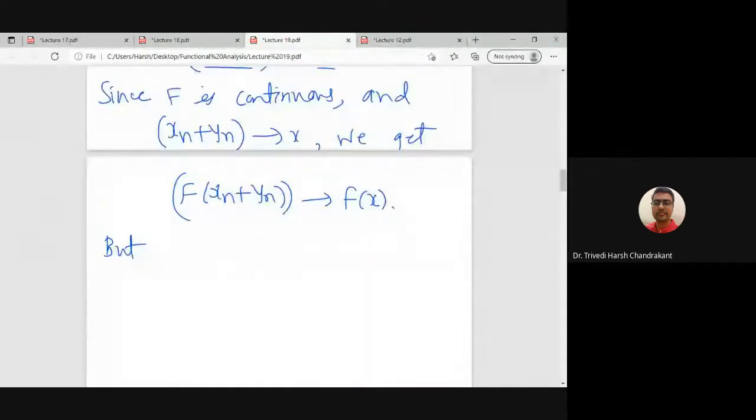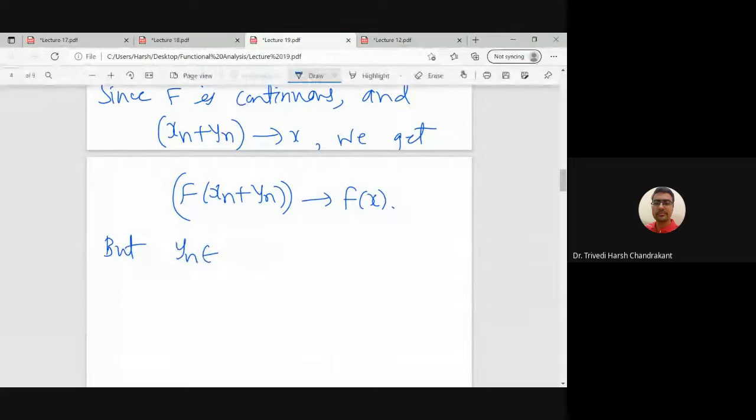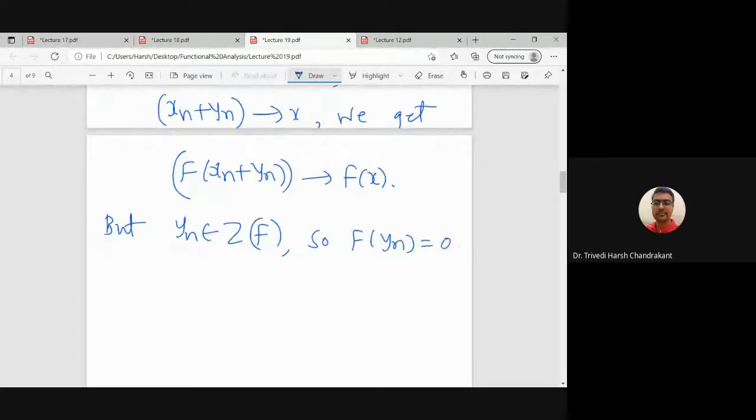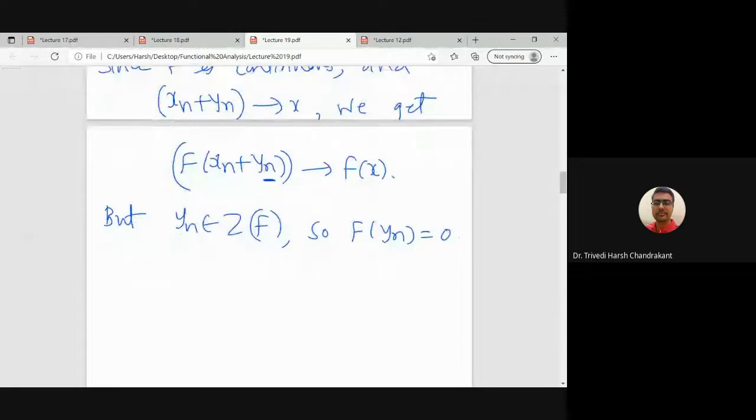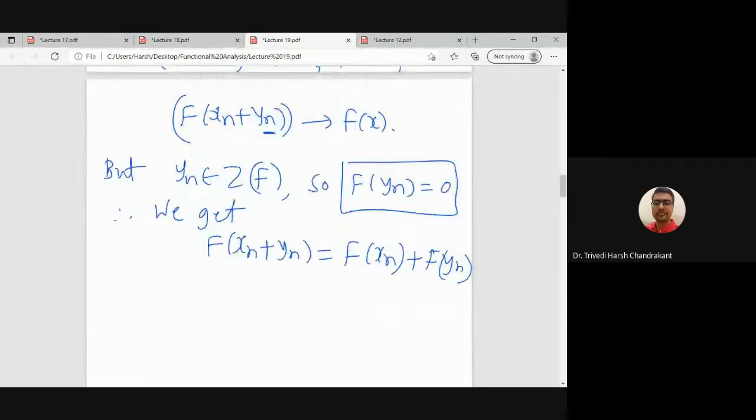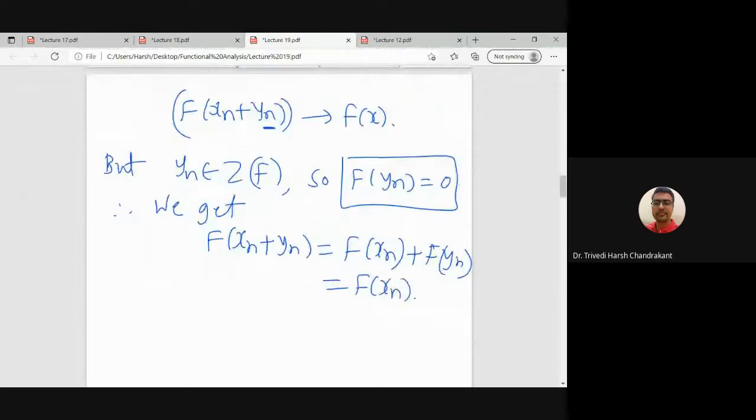But we know that yn are elements of the kernel of f, so f of yn is 0, right? So f of xn plus yn, f is a linear function, so that is f of xn plus f of yn, and f of yn is 0. So it is essentially f of xn, right?